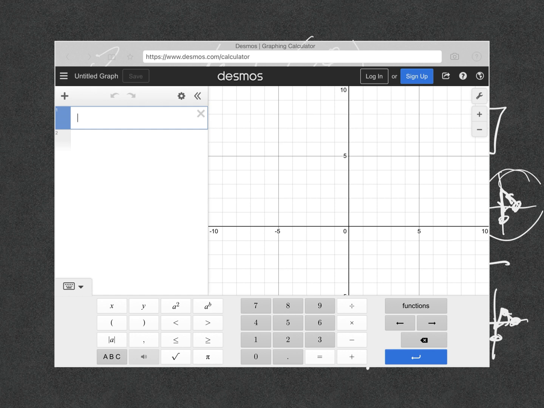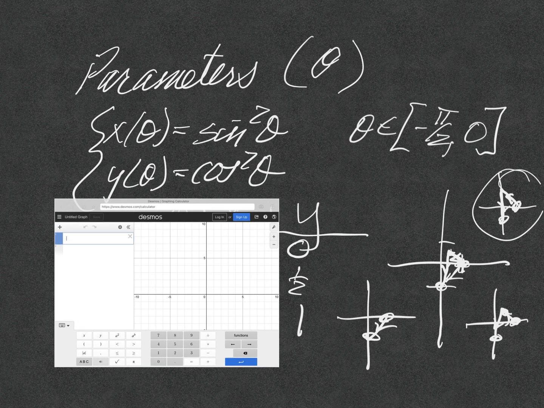Okay, so I have Desmos up here, and I'm going to show you how to do a parametric equation. But just before I do that, I made a little mistake over here that I wanted to mention. I was supposed to graph 0, 1, and I graphed 0, -1.